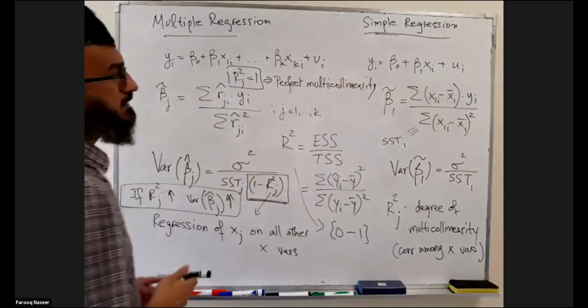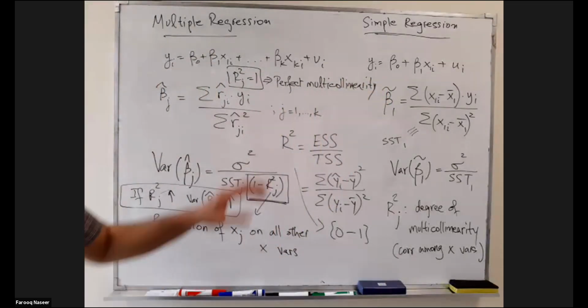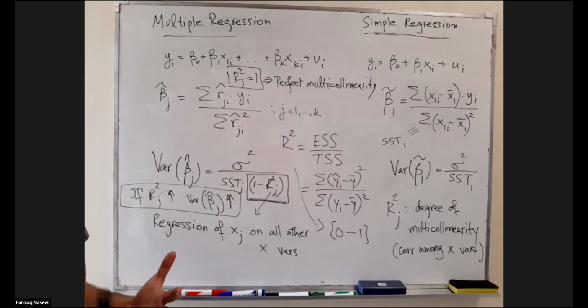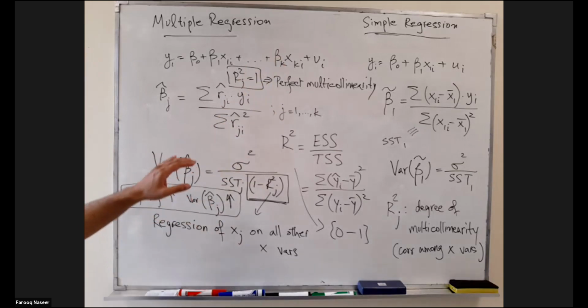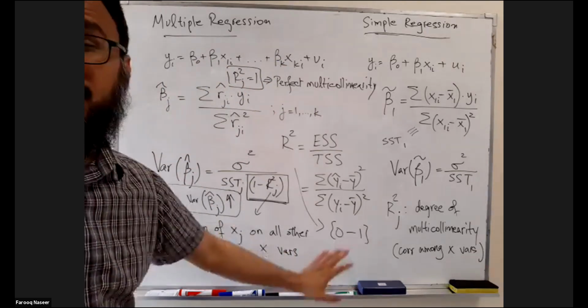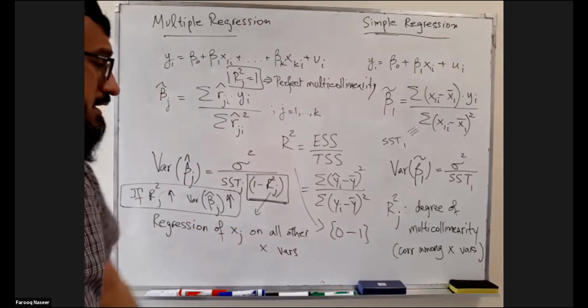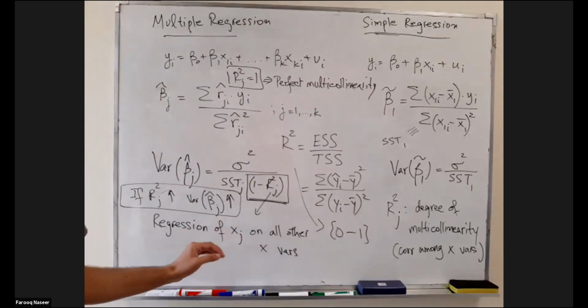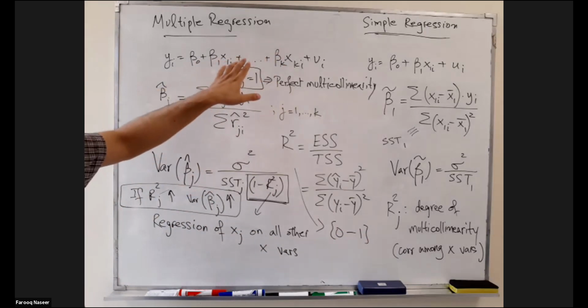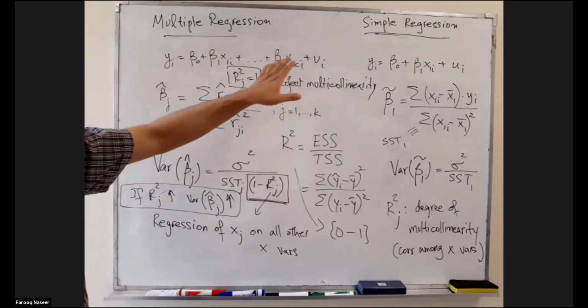So a perfect multicollinearity means that there's an exact, I can write an equation, an algebraic equation without any error term. I can express one of these variables xj as a function of all the other x variables, and there will be no error term in that equation, right? So that's bad, because that means that one of my variables can be written as an exact function of the other variables. So I cannot estimate the model as is.